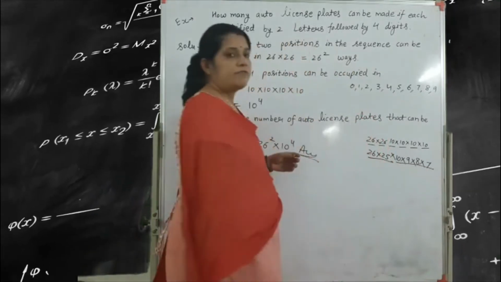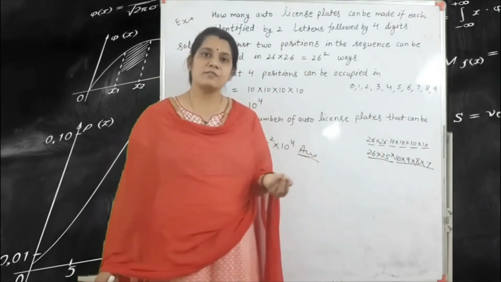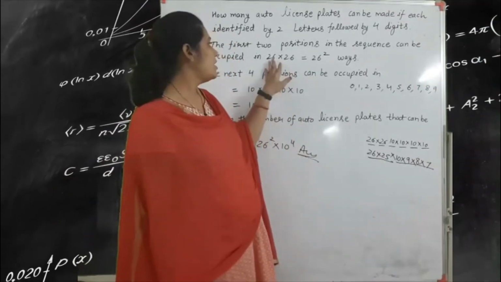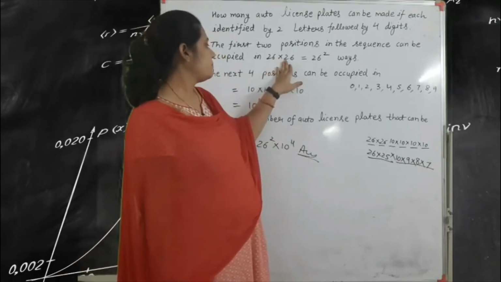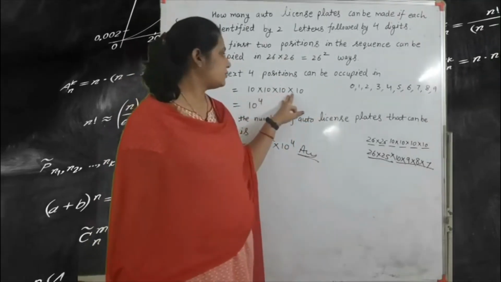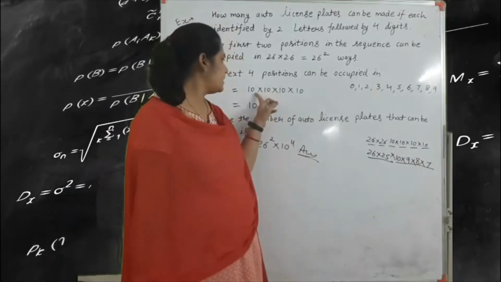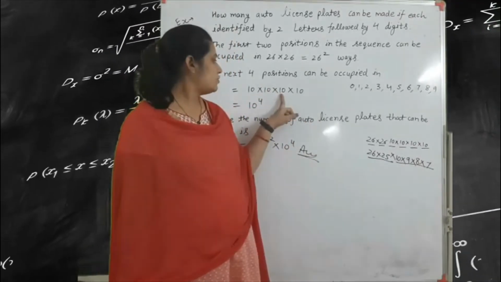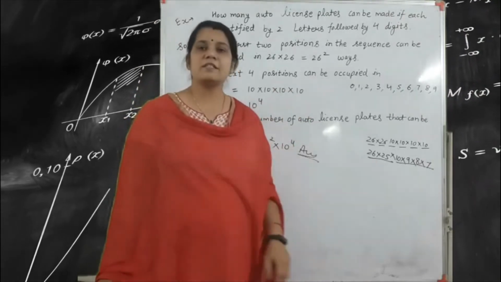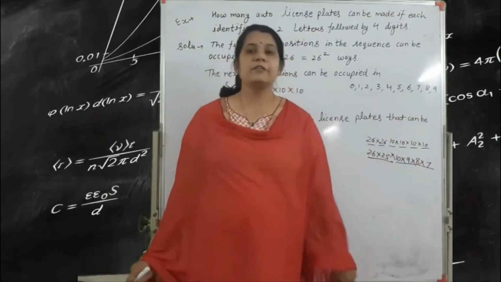So in case repetition is not permitted, our answer is 26 into 25, because one alphabet is fixed, and for the digits 10 into 9 into 8 into 7. So our answer is 26 into 25 into 10 into 9 into 8 into 7.